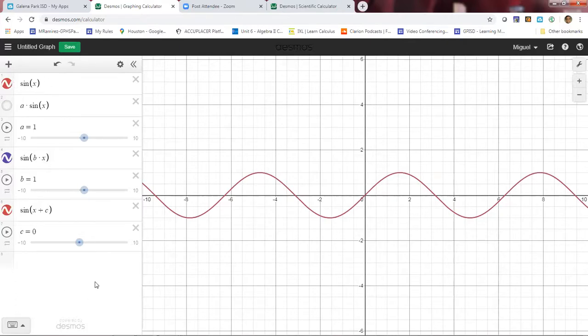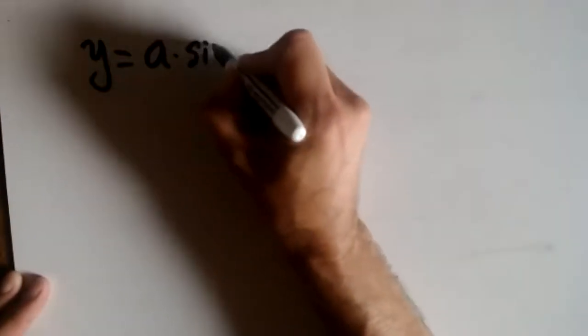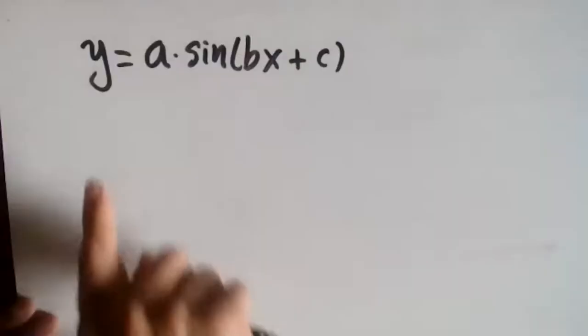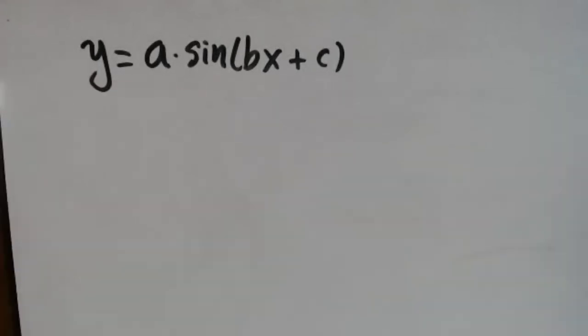Now, the sinusoid is going to have this expression. Let me just show you. The sinusoid is going to be something like this. It's going to be y equals a sine(bx plus c). So this is the general formula for a sinusoid. Now let me just put this one exactly in Desmos.